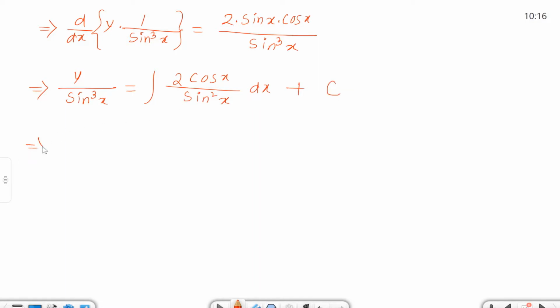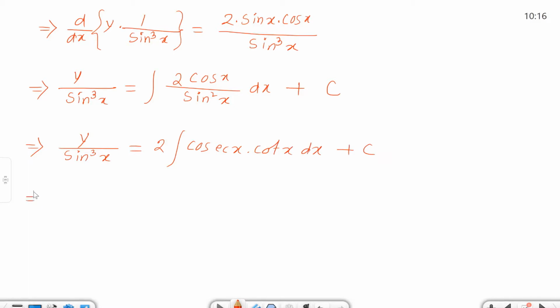So y by sin cube x equals 2 times the integral of 1 by sin into cos by sin, which is cosec x into cot x dx, plus c.